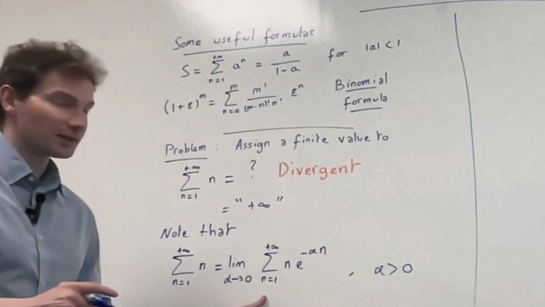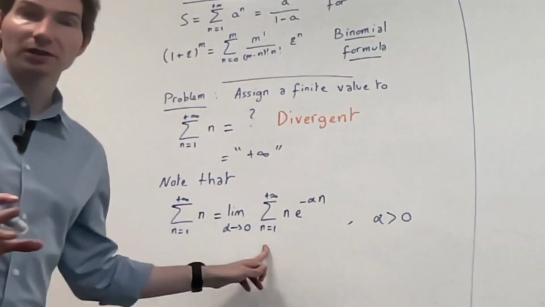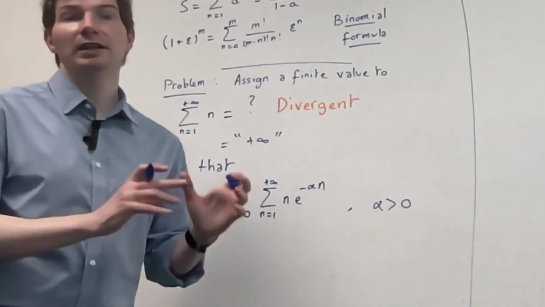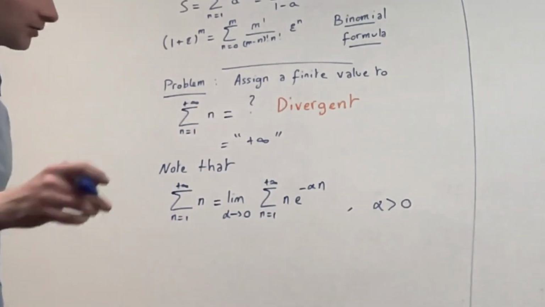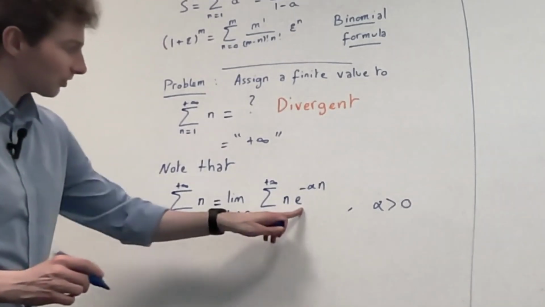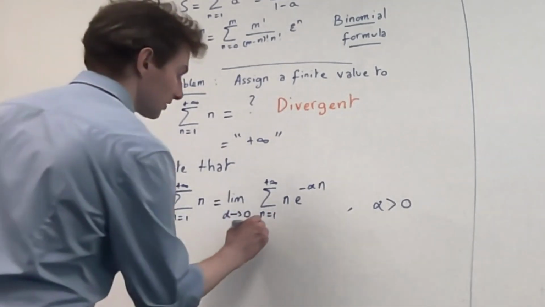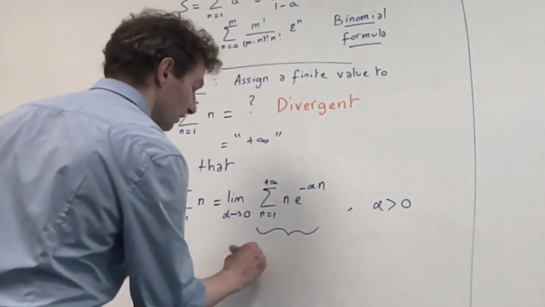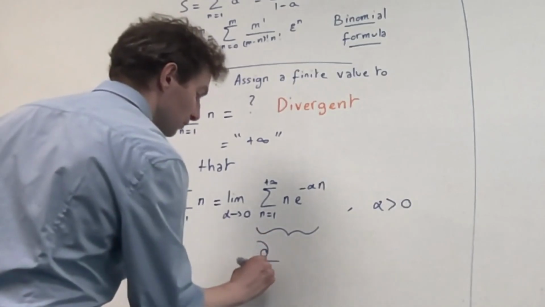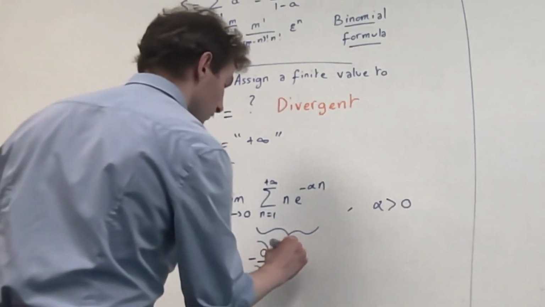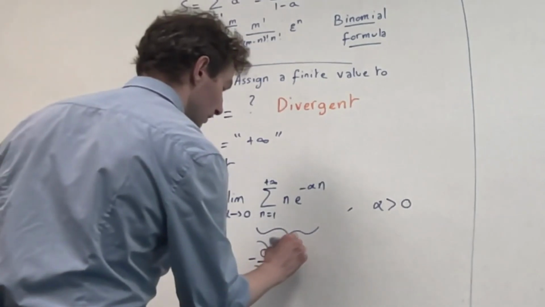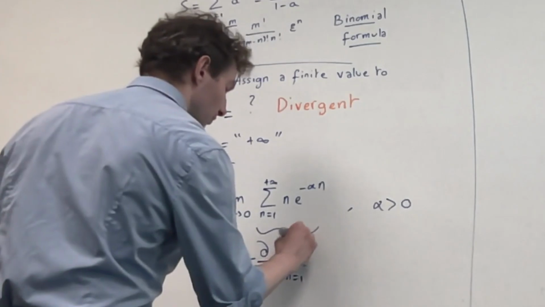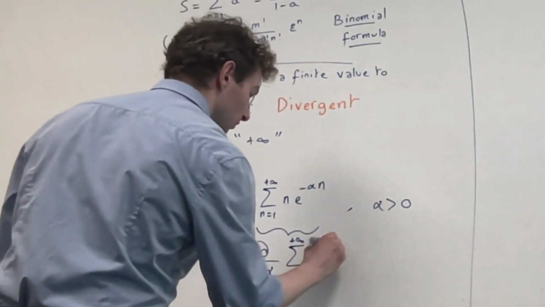Now, one of the things, and that's a very important trick, which I recommend you look carefully at and try to use yourself in various situations: when you've got a form like that, you can realize that this quantity here is equal to minus the derivative with respect to alpha of the sum n from 1 to plus infinity of exponential minus alpha n.